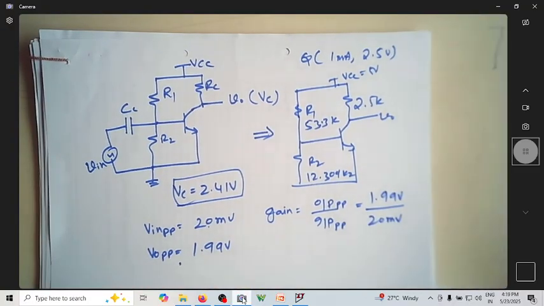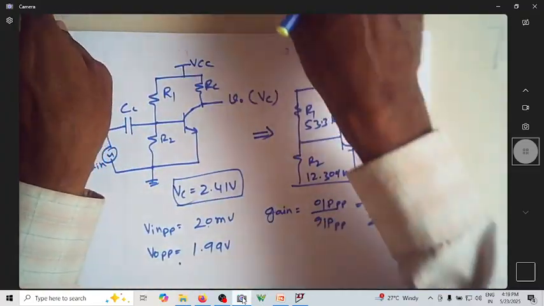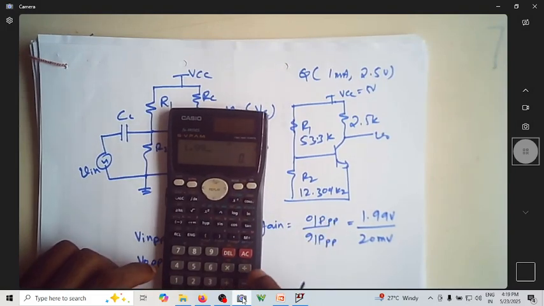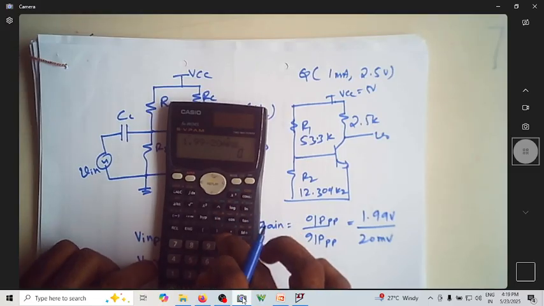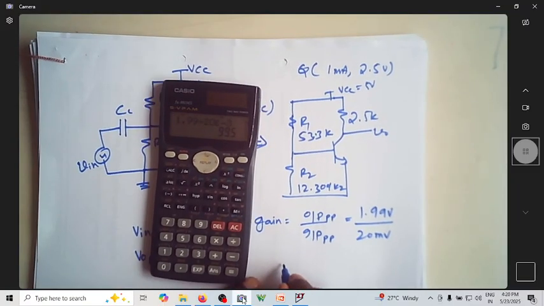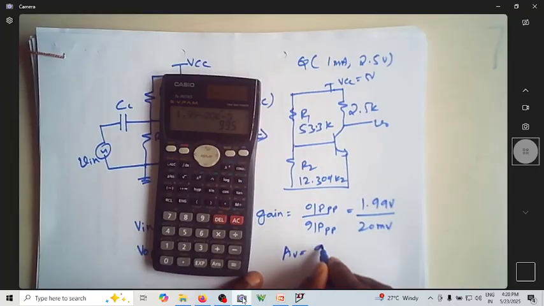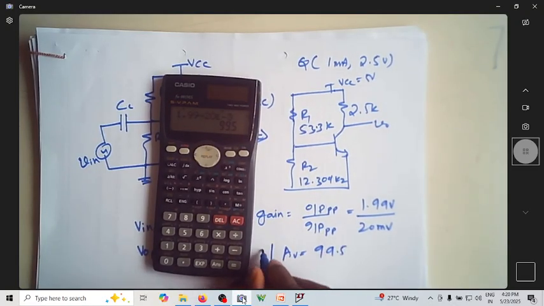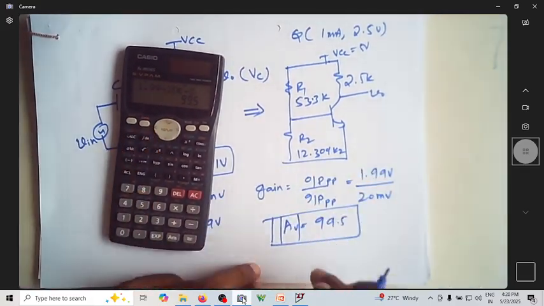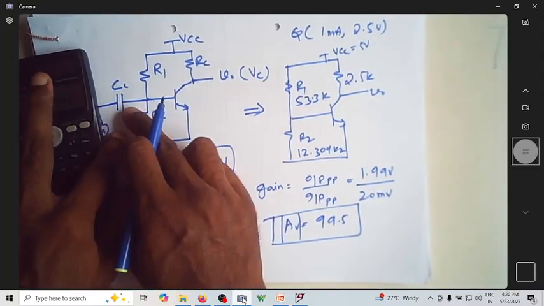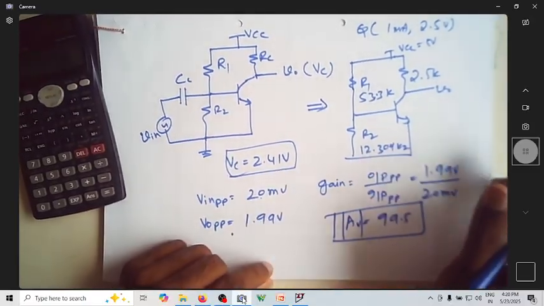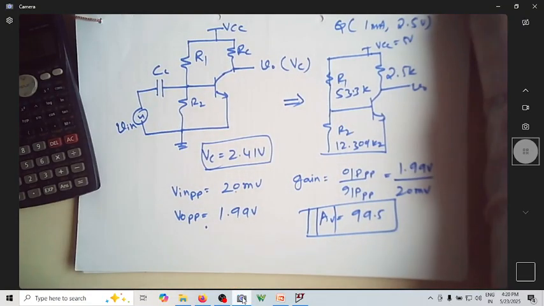That is 1.99 divided by 20 times 10 to the power of minus 3. You can see now the gain of the amplifier, which we write as AV, is equal to 99.5. This is the magnitude of the gain of the amplifier. Whatever input you applied here is amplified by 99.5 times, almost 100 times. That's the indication of this.